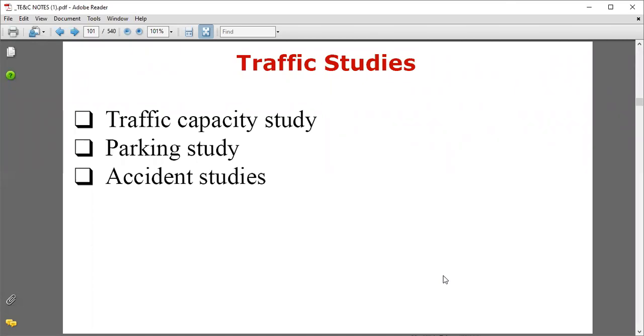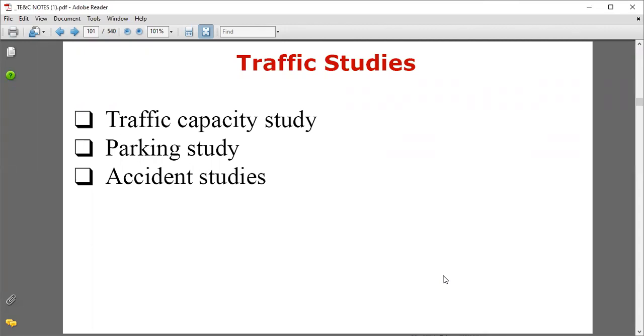And third one is the accident studies. In these traffic studies, we can analyze the traffic moving on the road, and through this we will understand how many parkings are there, how many vehicles are moving on the roads, and how many accidents happen on this road. So all these details we will get from these traffic studies only.